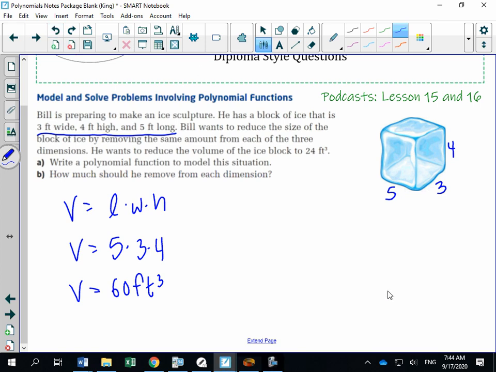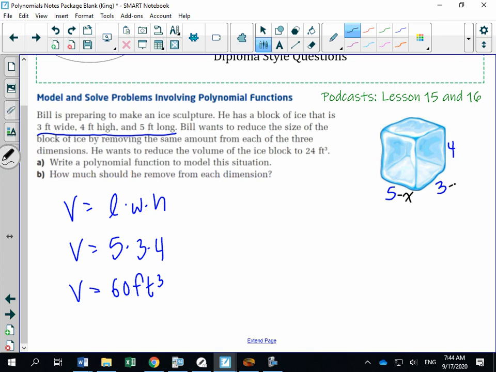But then what it says is that he wants to reduce the size of the ice by removing the same amount from each of the 3 dimensions. So this dimension is 5 units, and he wants to remove a certain amount from that length.